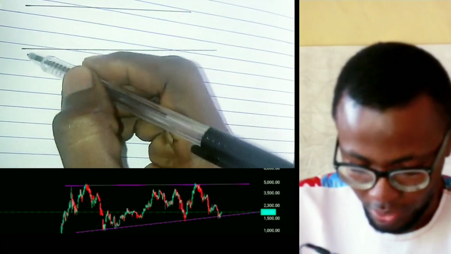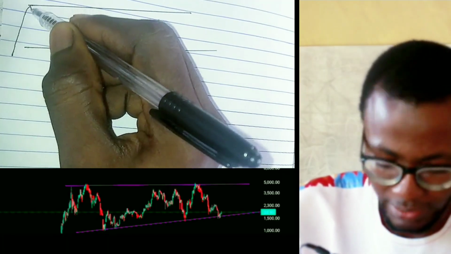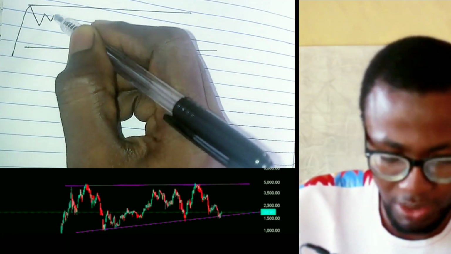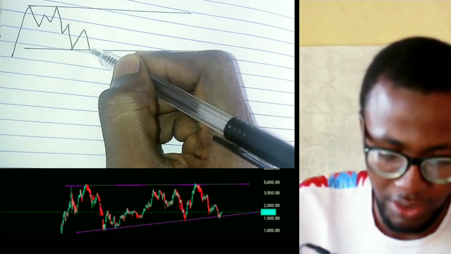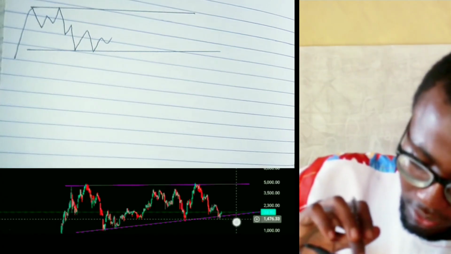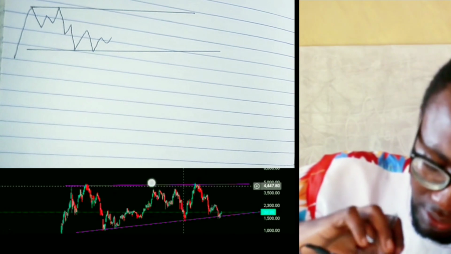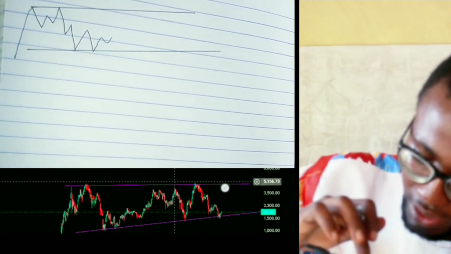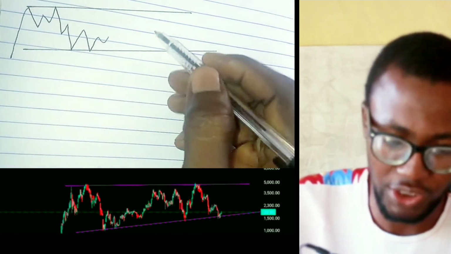So now, it started from outside here, then it came up here, touched here, came back down, came up, came down, touched here, came down, touched here, came down, came up, came down. Then let me measure this thing. It's looking like an upward movement down here, but up here it's looking like a range in the upside.